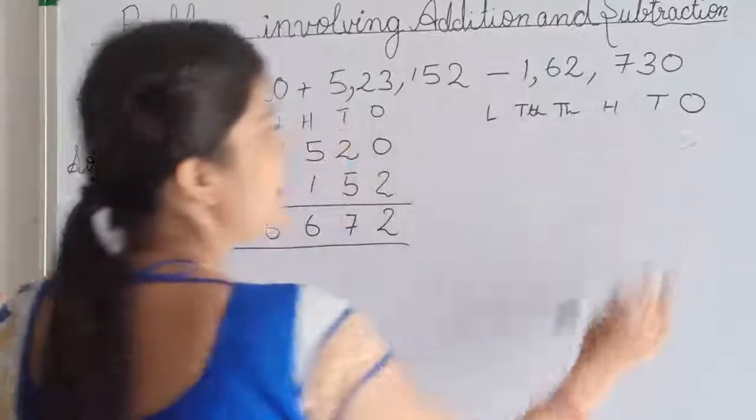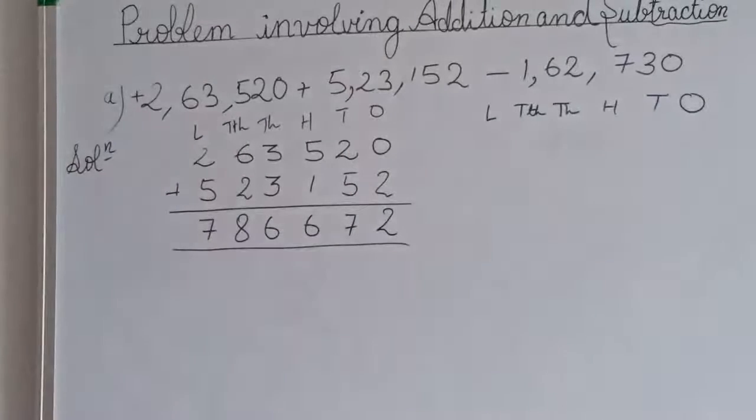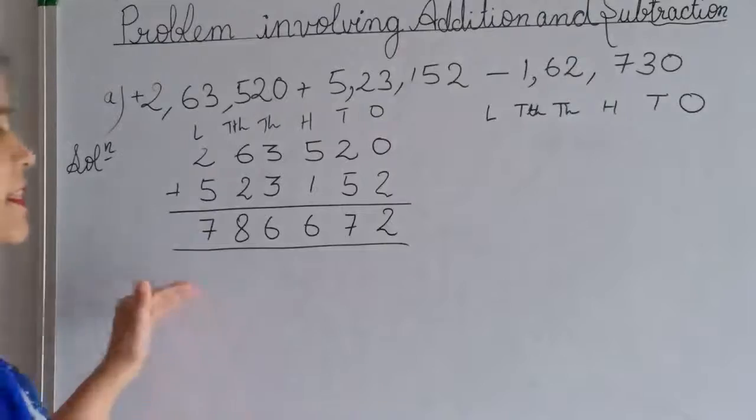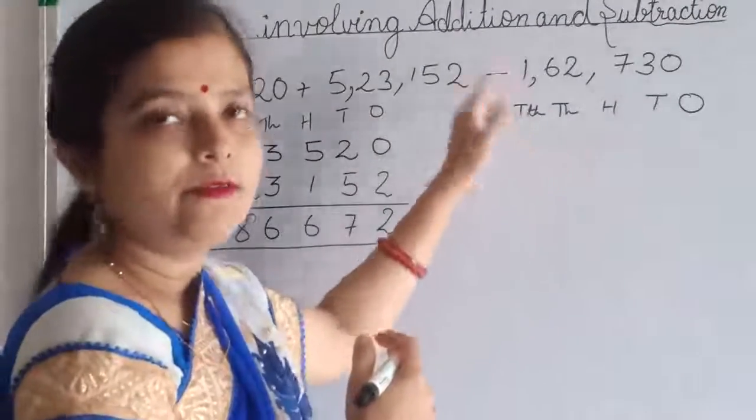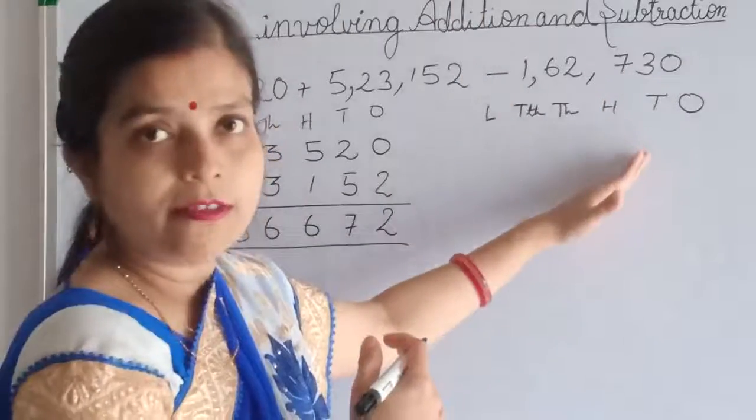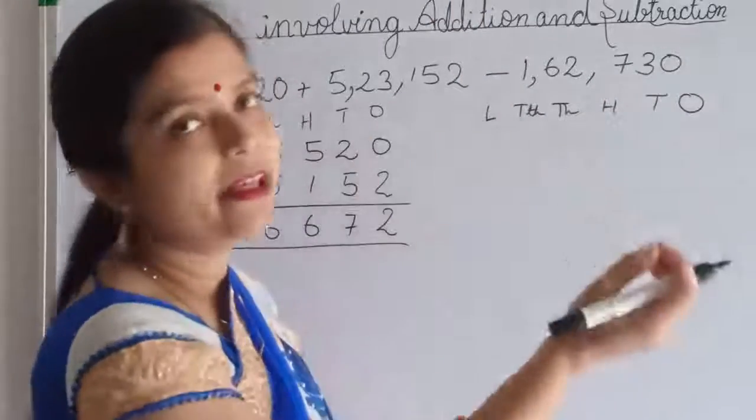If you write in a place value table, there is less chance of mistake. And always start writing from the right hand side only. When you are arranging the number in a column, you always start from the right hand side.